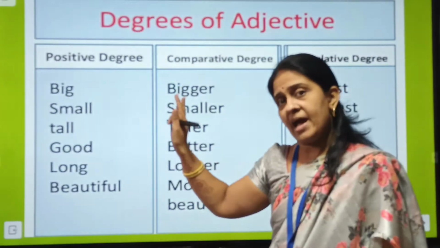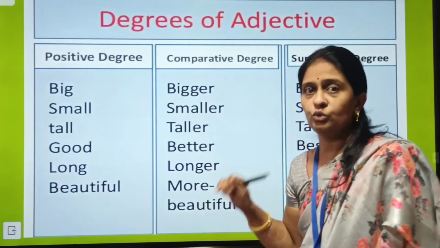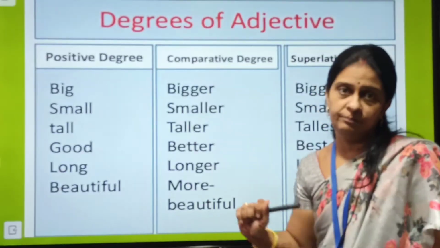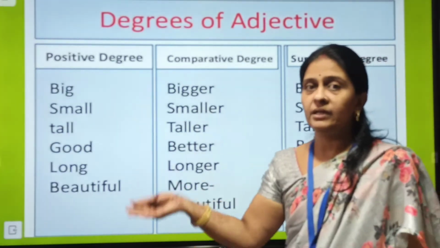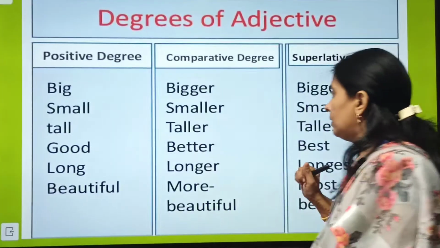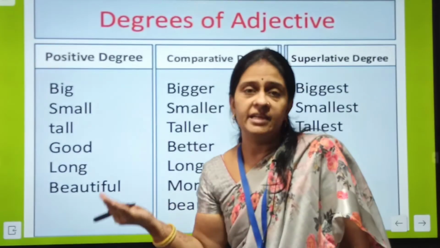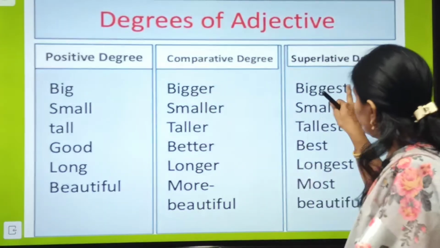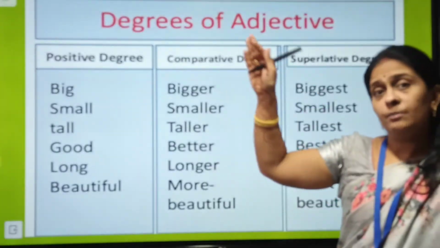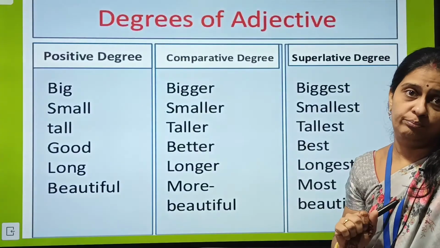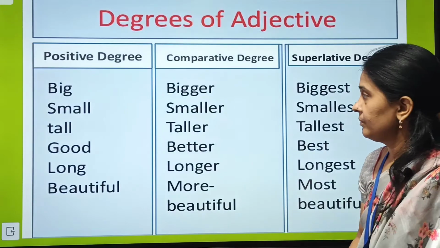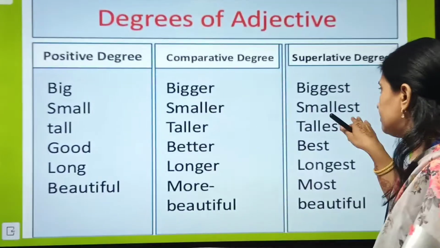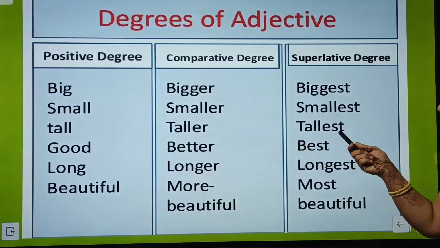When I compare the two persons or two things, it becomes bigger. Ram is bigger than Sham. So comparison ER. Then superlative. This is the biggest building in the town. Yes? Small, smaller, smallest. Tall, taller, tallest.